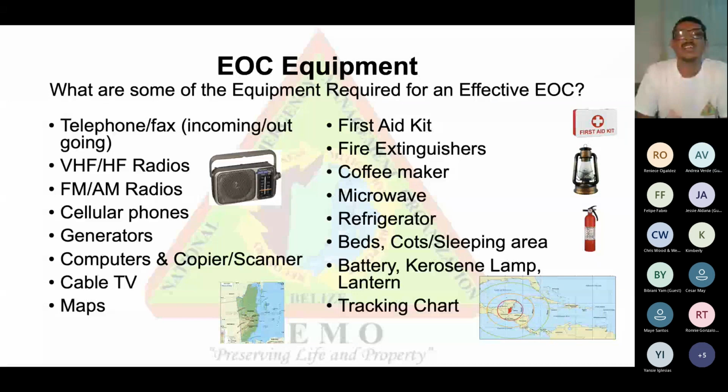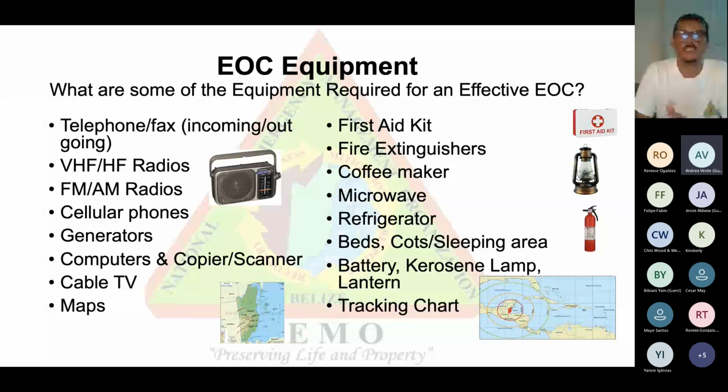Equipment. Some of the equipment required for an effective functioning EOC: telephone, I have fax. I can't remember the last time I saw anybody have a fax. I don't know if that's obsolete nowadays with all the technology, but telephone for sure.